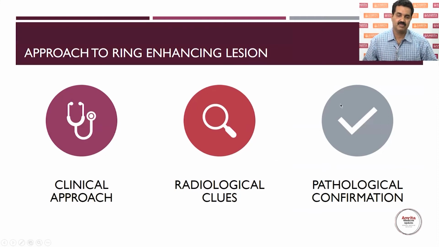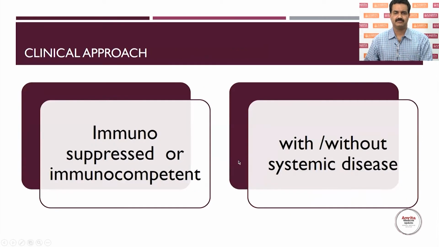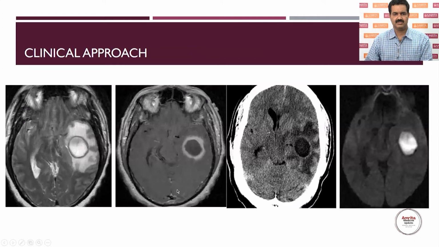We would not go for brain biopsy all the time. We will utilize these two approaches, clinical approach and radiological clues, to reach a conclusion, and then we'll give adequate treatment. Generally we'll classify them into immunosuppressed or immunocompetent patients, with or without systemic disease, systemic symptoms and signs.